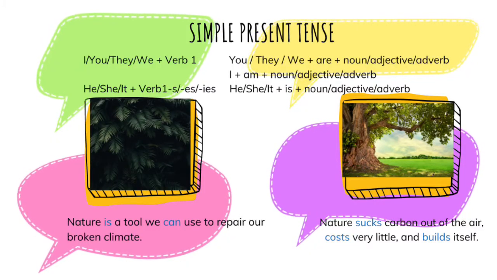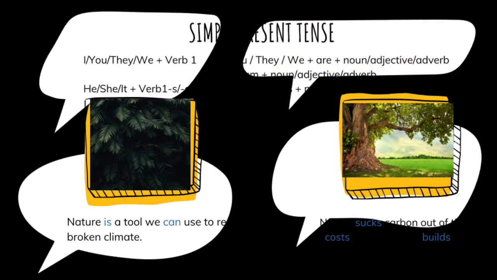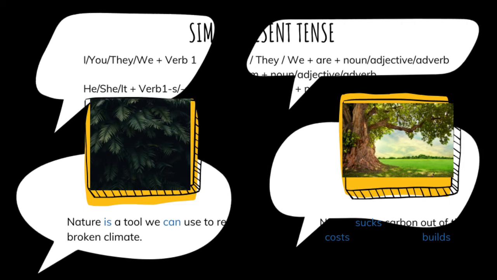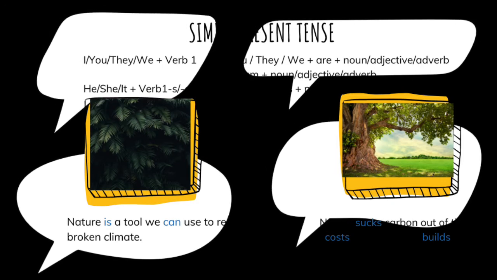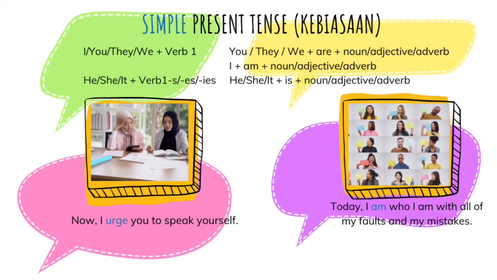Simple present tense, usually using the verb 1 or to be is, am, are. Now you can see from the examples here, we have to be is, and modal verb can, and then verb 1: sucks, costs, builds. Those are verb 1 plus s because the subject is singular.